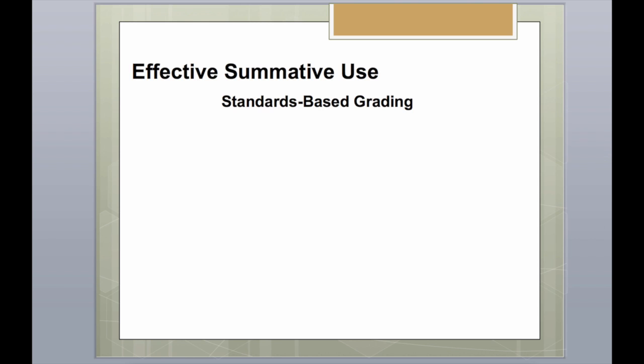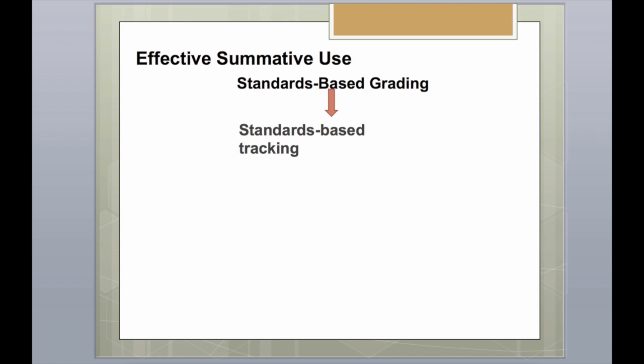It turns out that standards-based grading isn't accomplished by teaching people how to do standards-based grading. How we do standards-based grading really hinges on, do we know how to track learning by standard? So in order to do standards-based grading, we need to be able to track our students' learning target by target or content standard by content standard.